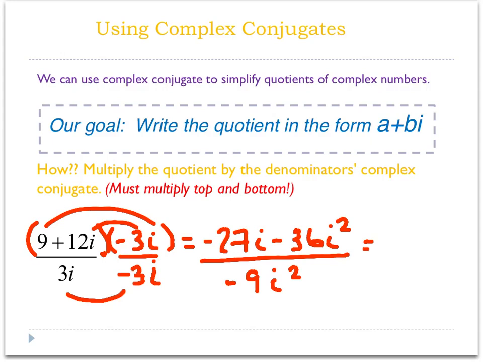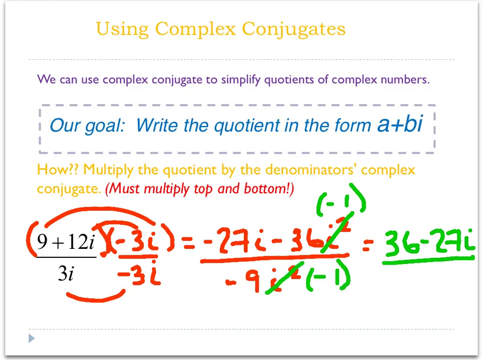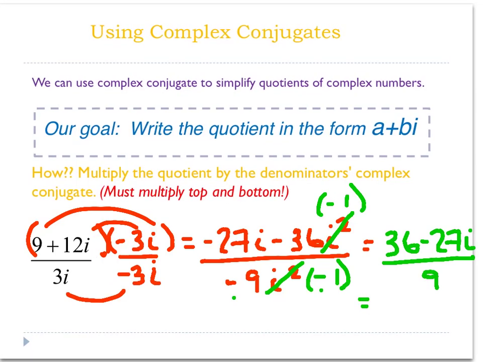Now, simplifying the top, remember anytime you see an i squared, that's negative 1. So I'm going to get positive 36 minus 27i all over. Now remember this guy goes away, I get negative 1, so that's minus and a minus, so positive 9 on the bottom.